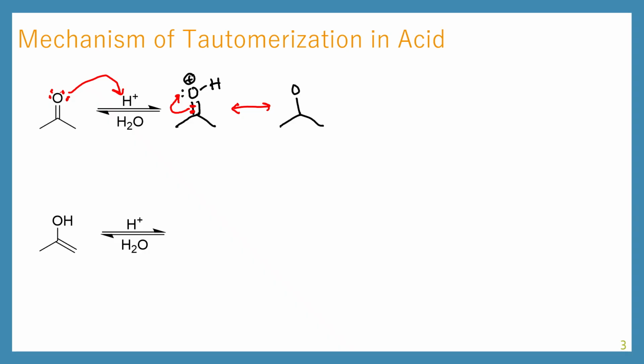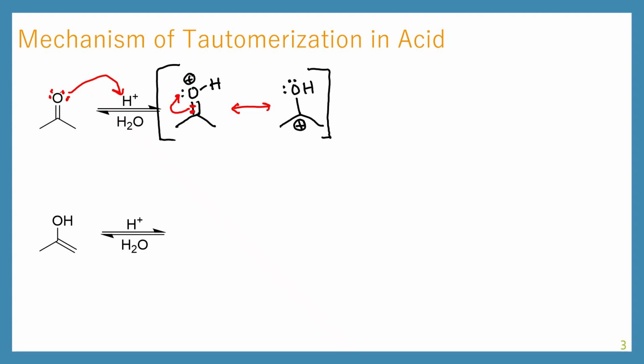And this gives us the alcohol group that we need for our enol and puts a positive charge on what used to be the carbonyl carbon. So this is a resonance form that we've seen before when we first looked at carbonyls, or at least something similar to it. Now from here, we need to create a double bond between the alpha carbon and what used to be the carbonyl carbon.